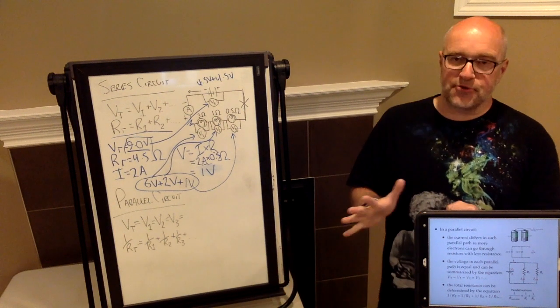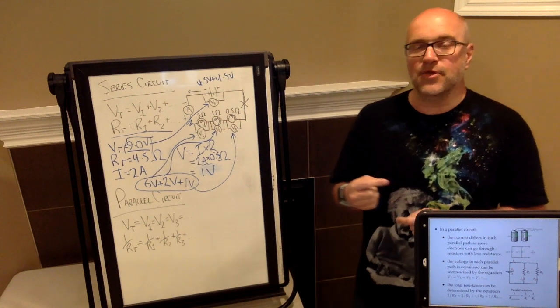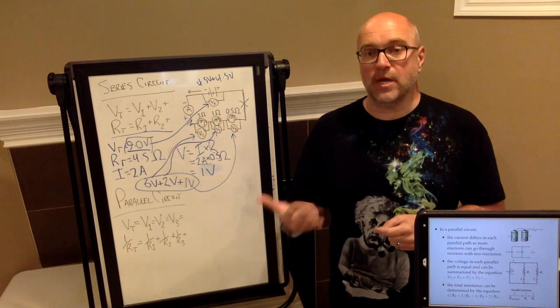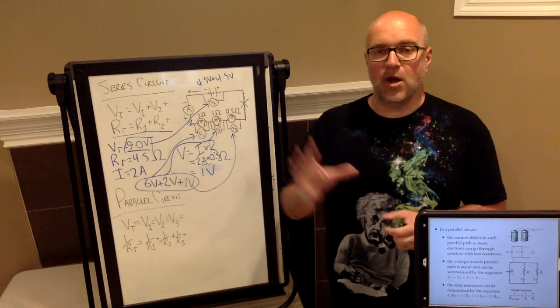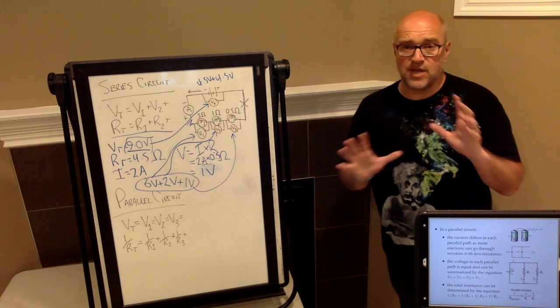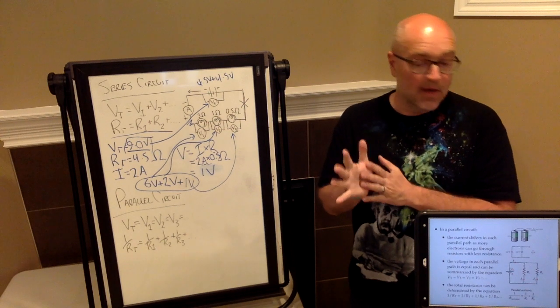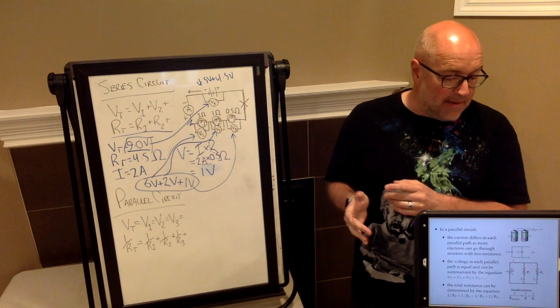In a parallel circuit, it's the opposite. The voltage stays the same, the current will change depending on which path you're in. So that's a major distinction that you want to keep in mind that's going to separate series versus parallel circuits.